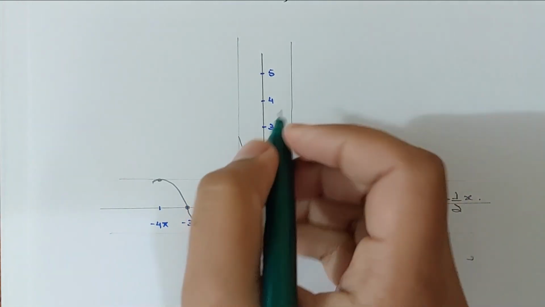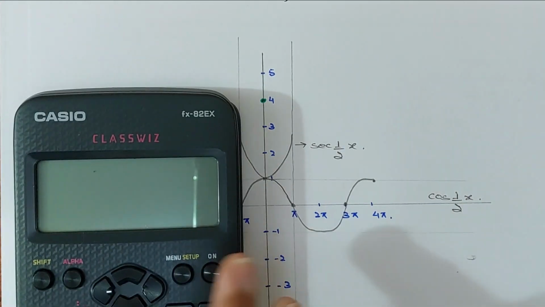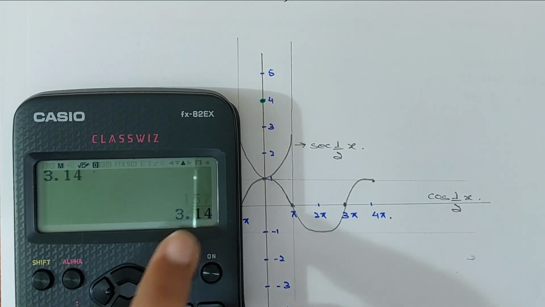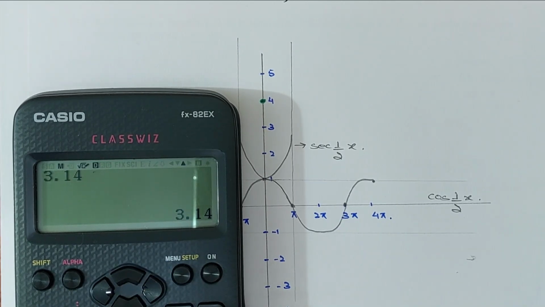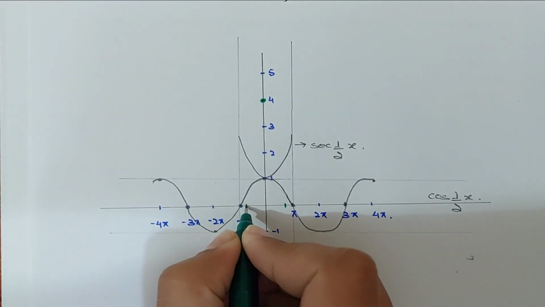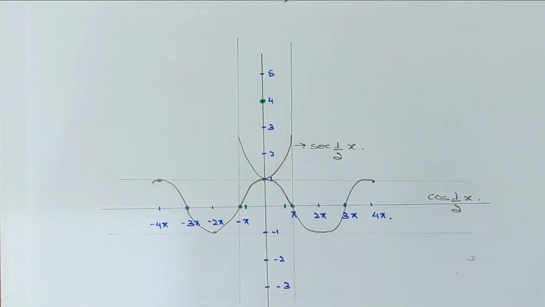So let me sketch this. The y-intercept is 4, and the x-intercepts are 2 and minus 2, right? So what is pi? We know that the pi value is 3.14, right? So 2 is over here, 2 and minus 2. Let me sketch this parabola. Its opening is downward because the x squared coefficient is negative.